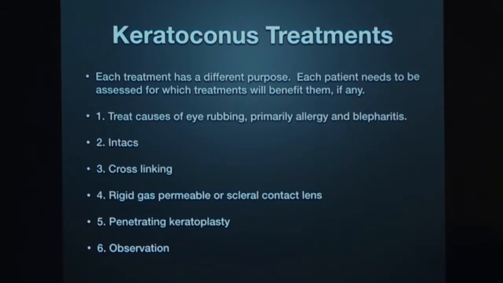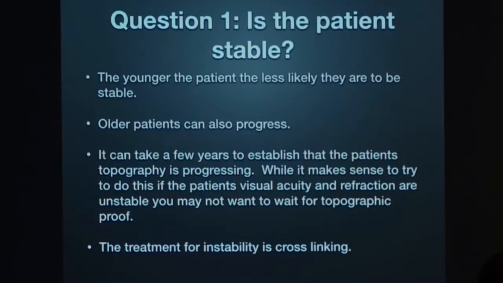Those are by far your 2 main causes of itchy eyes. A lot of allergy medication out there. It's not 100% effective. Treatments for blepharitis, again, not 100% effective, but you want to address these things. Then Intacs, crosslinking, rigid gas permeable or scleral contact lenses, penetrating keratoplasty. And then the last option is observation. Sometimes you don't need to do anything at all.